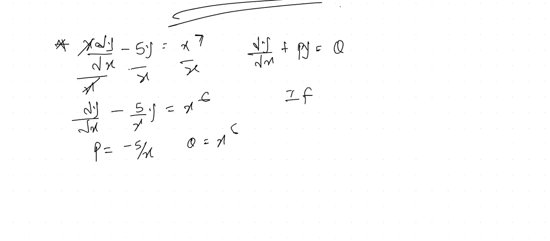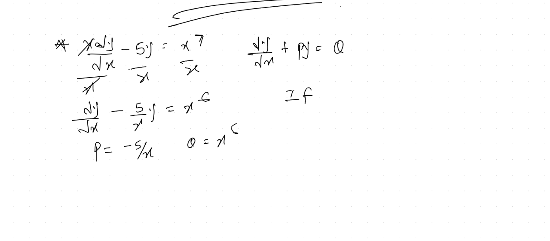So we remove this. Then we are going to have dy/dx plus 1 over tan x, multiplied by y, which is equal to sec x divided by tan x. Okay, let's go.